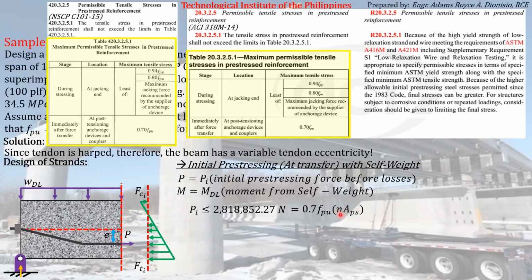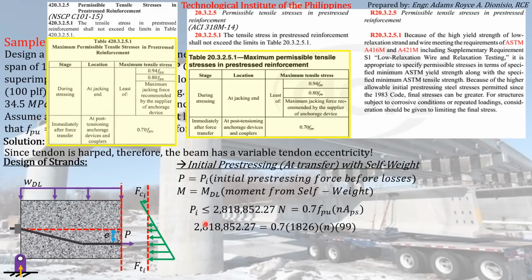Therefore, we can just compute for the magnitude of N after substituting the corresponding values of FPU and APS. So again, FPU is specified on the problem equal to 1826 megapascal, and the area of a 1/2 inch diameter regular strand is equal to 99 mm squared. So you have to be familiar with the area of a 1/2 inch diameter regular strand.